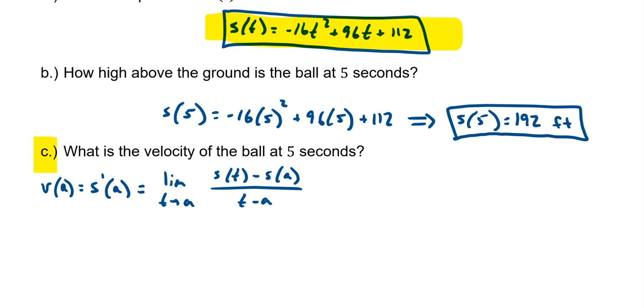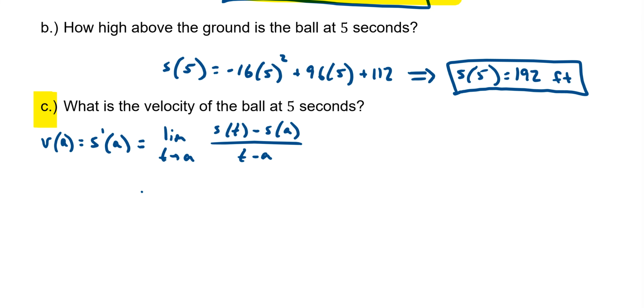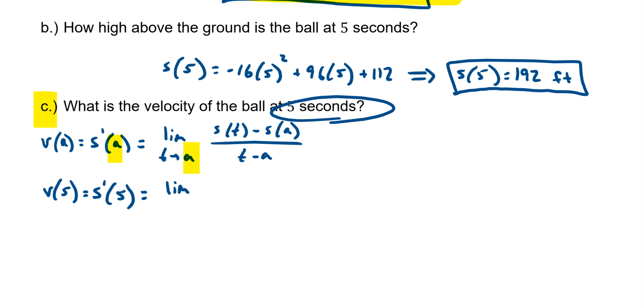This is literally just the same first function formula that we used at the start of today. Now let's go ahead and plug in what we're actually looking for. We want to find s prime of 5, you can write it as v of 5 too, I guess. V of 5, which is s prime of 5, and plug in 5 into all of these a's. So that's going to be the limit as t approaches 5 of s of t minus s of 5 over t minus 5.